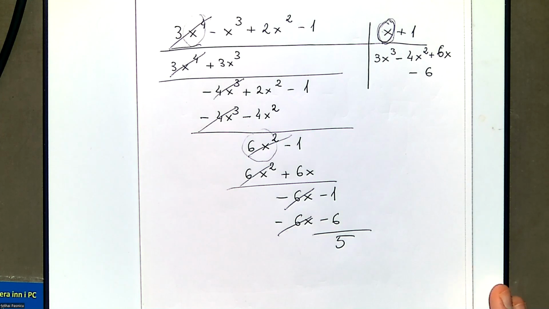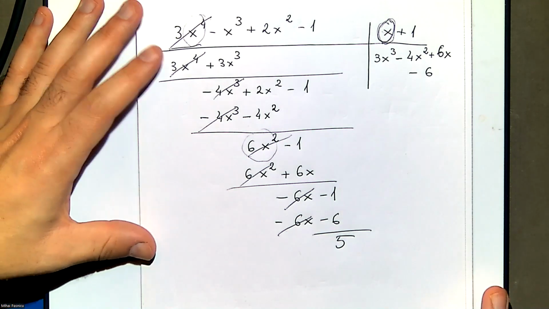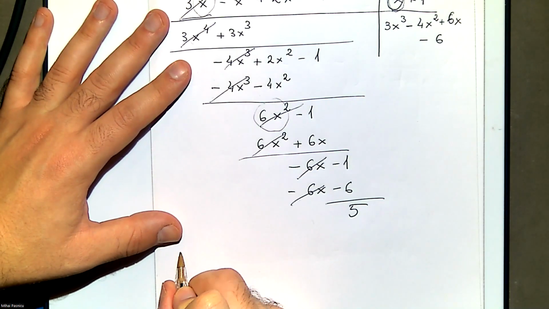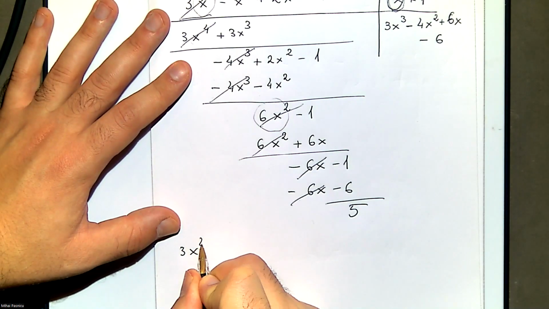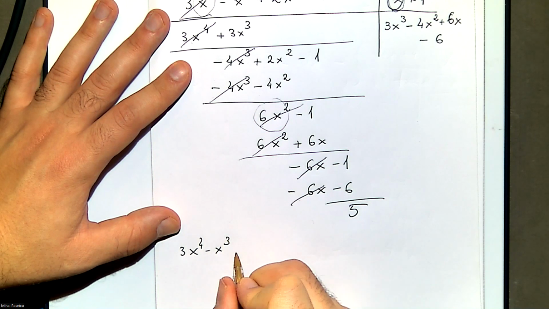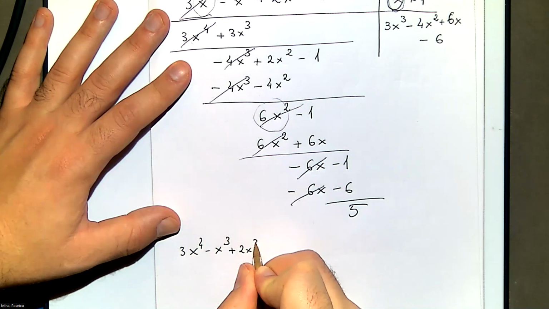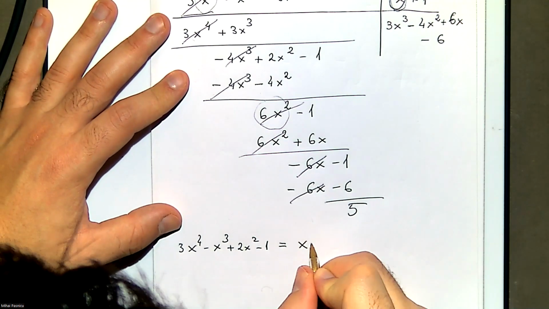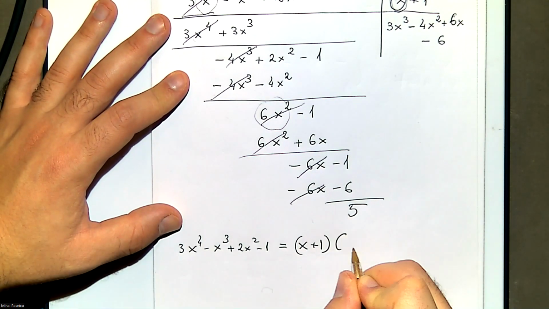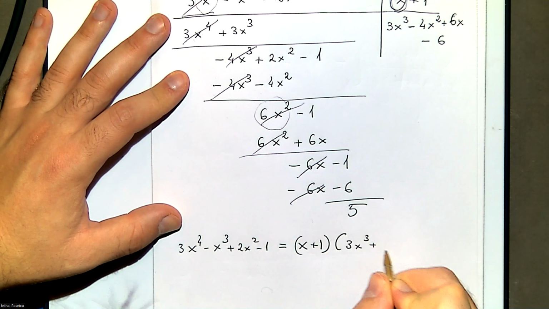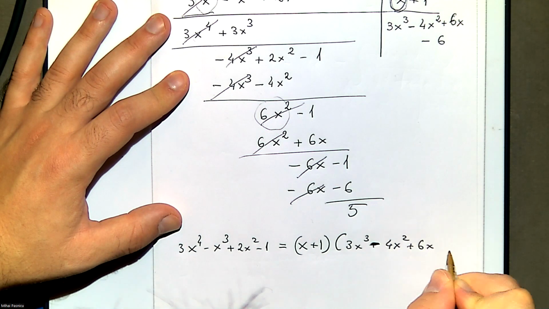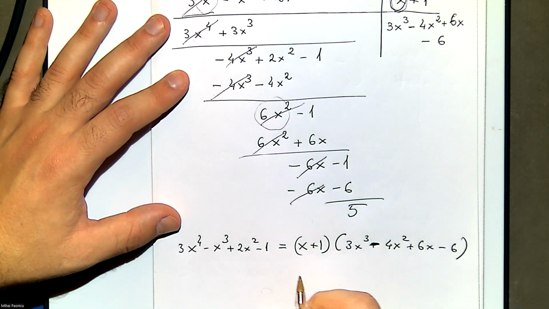So the final answer for polynomial division is that this ugly numerator, 3x fourth minus x the third plus 2x squared minus 1, is equal to x plus 1 times 3x the third minus 4x squared plus 6x minus 6, plus 5.